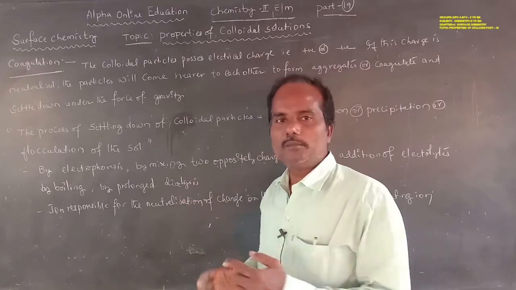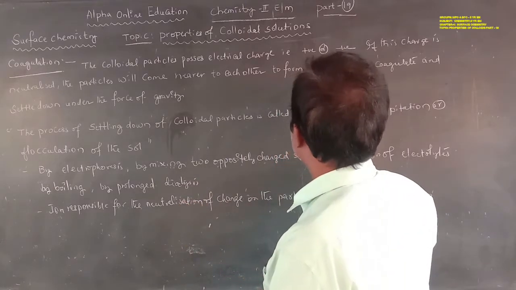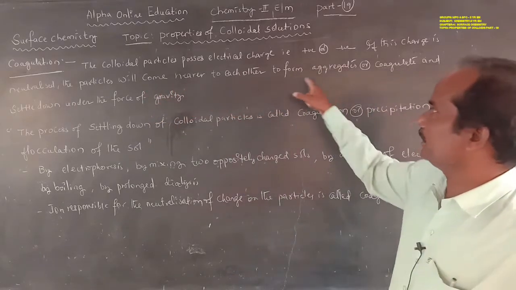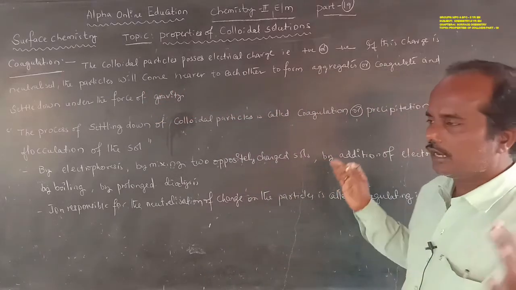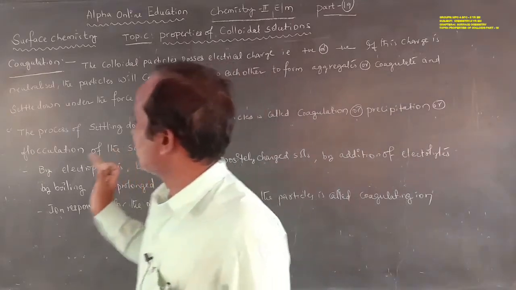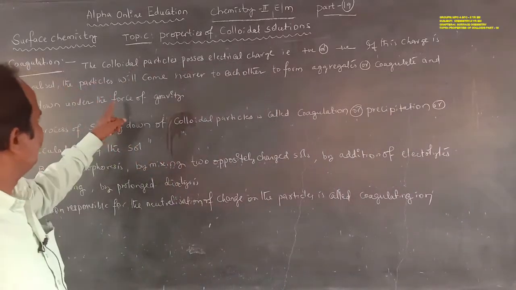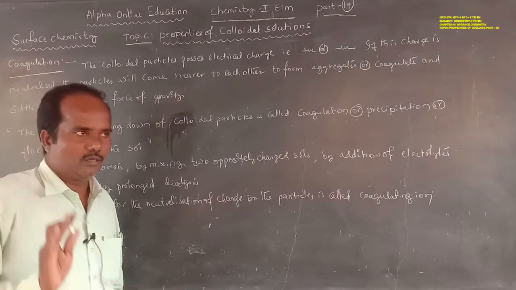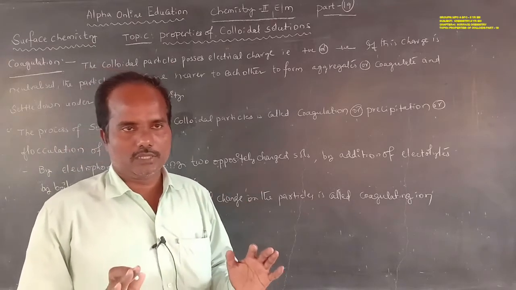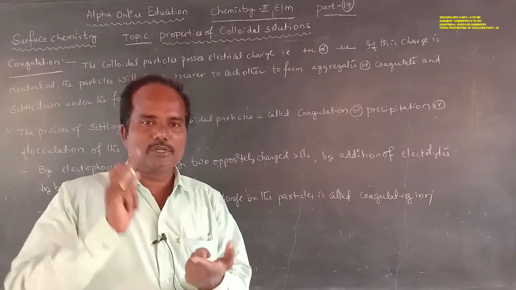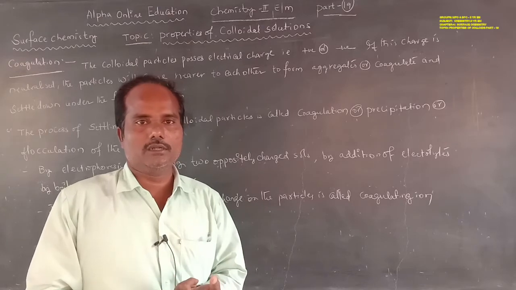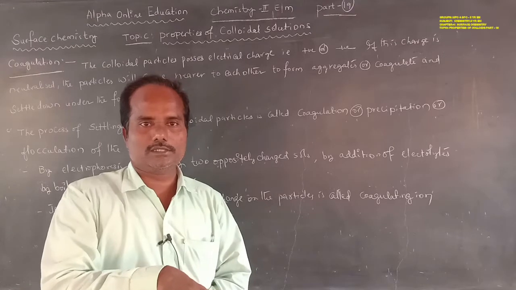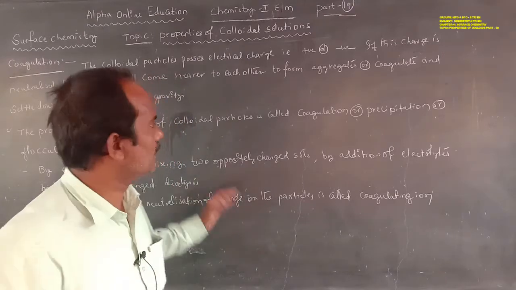When the colloidal particles are neutralized, the particles come nearer to each other to form aggregates and settle down under the force of gravity. In order to precipitate the colloidal solution, the charge of the particles must be neutralized. Only then does coagulation happen.